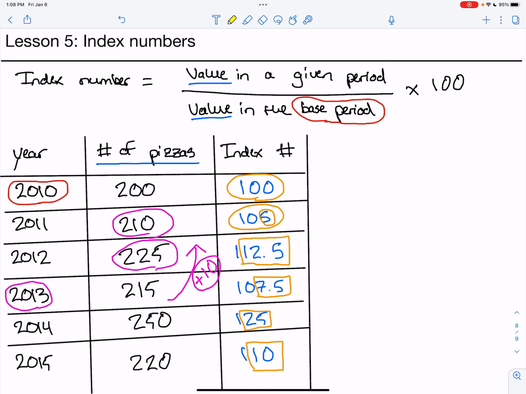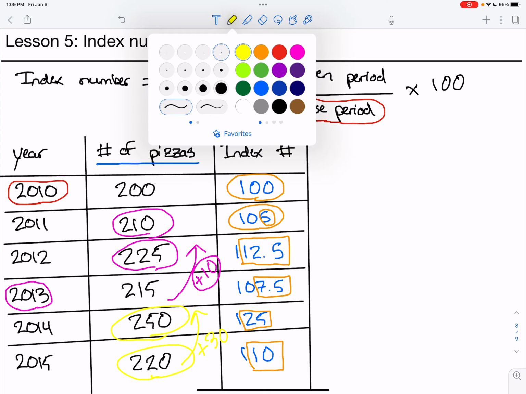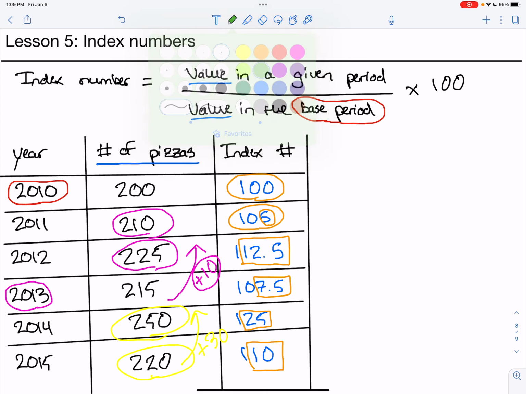The number of pizzas in 2014 is clearly higher than the number of pizzas in 2015, okay? Well, by what percentage is it higher? Well, we could see here the number of pizzas has increased by 30. Now, the only question is, what percentage of 220 is 30? Well, then you can just use your ordinary percentage calculation, right?